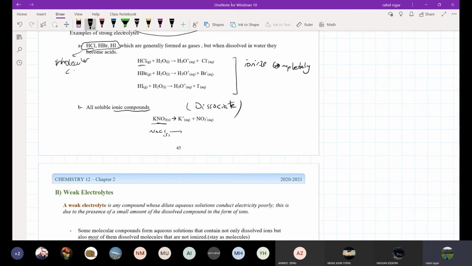When we put NaCl into H2O, it dissociates to become Na+ (aq) and Cl- (aq). So they are directly strong electrolytes. As long as they dissolve, they are strong electrolytes.